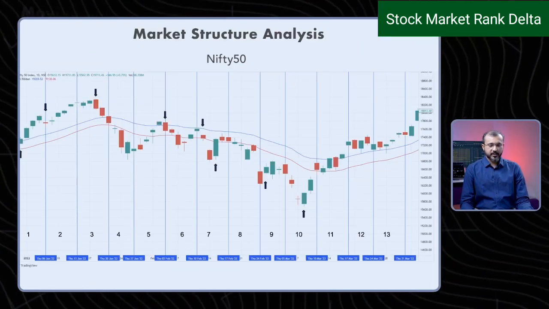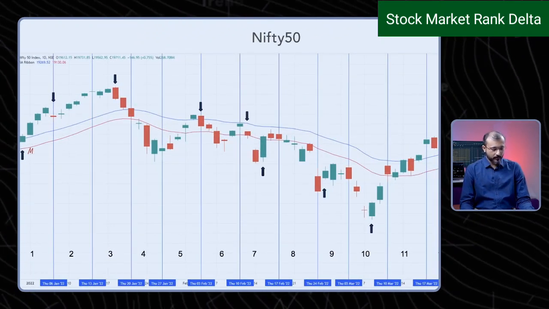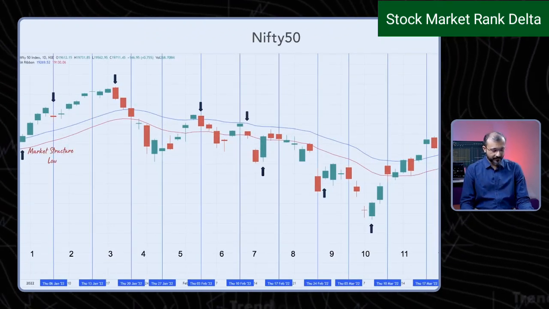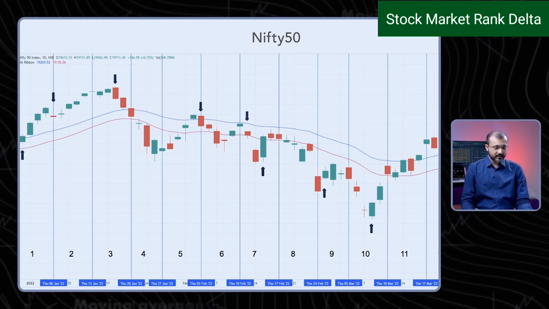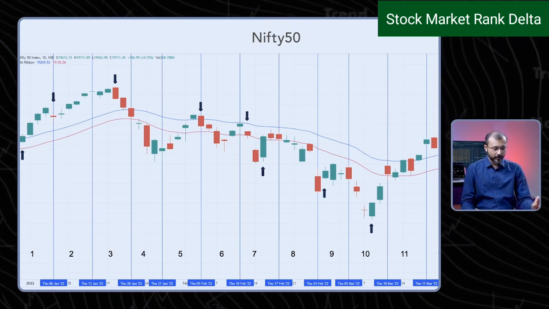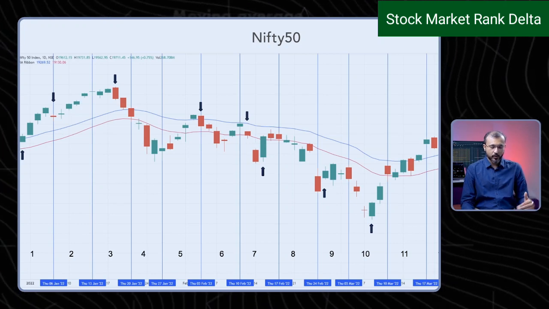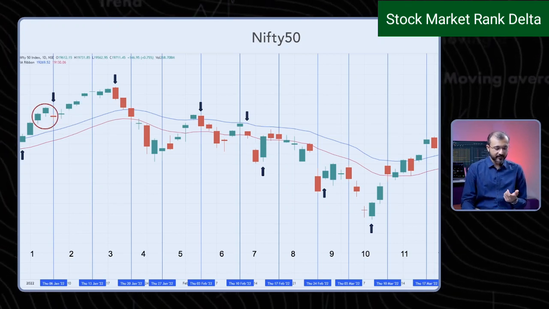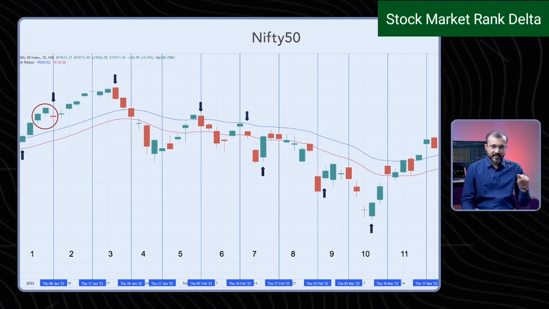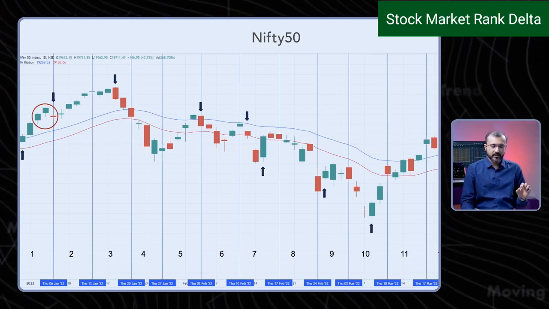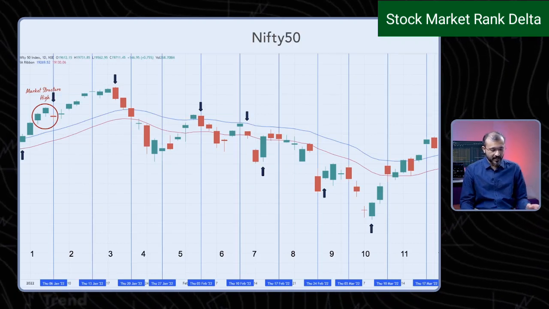The first market structure low of 2022 was plotted on 1st of Jan. Then the next market structure high: you have two bullish candles, which are higher closes, and then you have a lower close, right? So we have a red candle on 6th of Jan 2022, and collectively these three candles formed a market structure high.